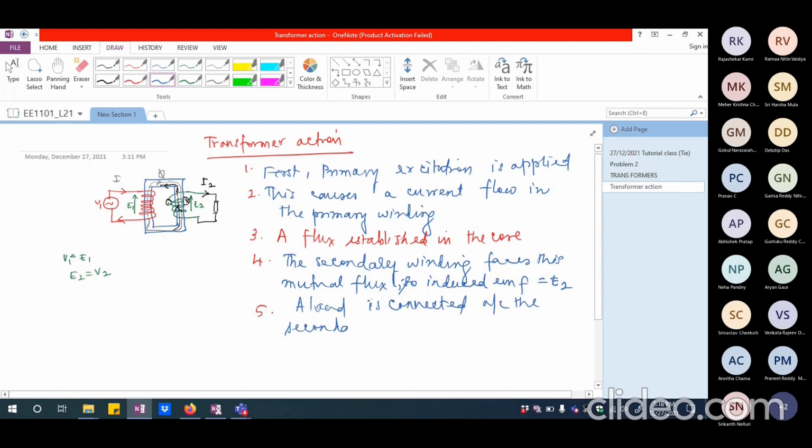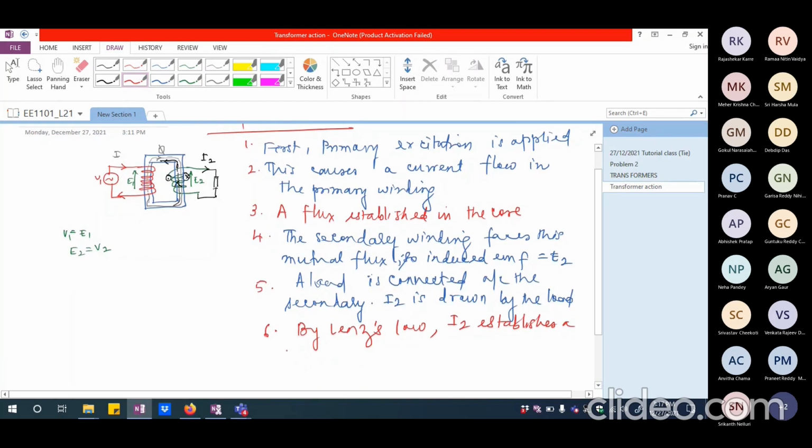So a current of I2 is drawn by the load. So this is going to establish a flux which is going to oppose. So by Lenz's law, I2 establishes a flux in the core.